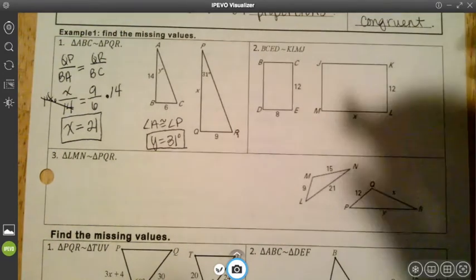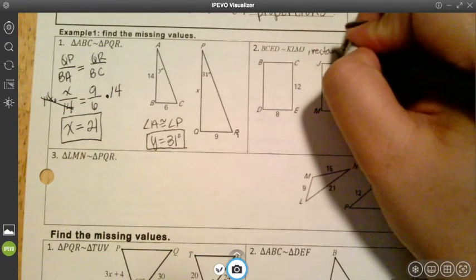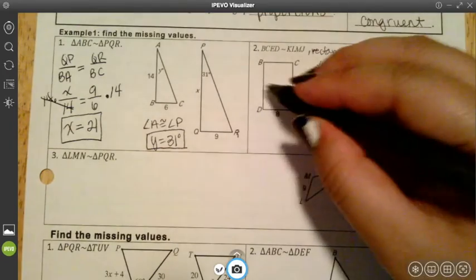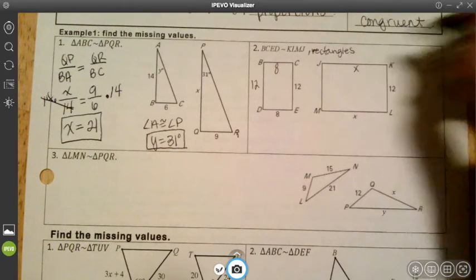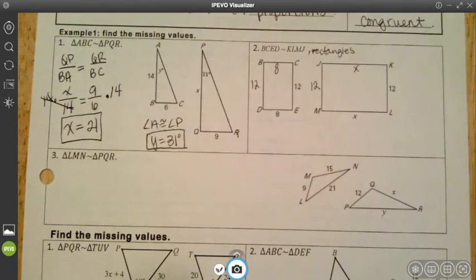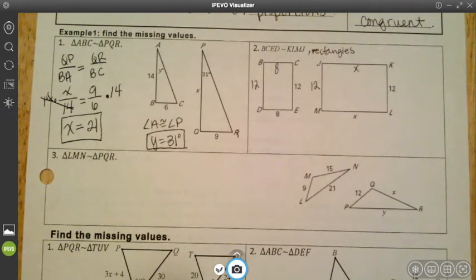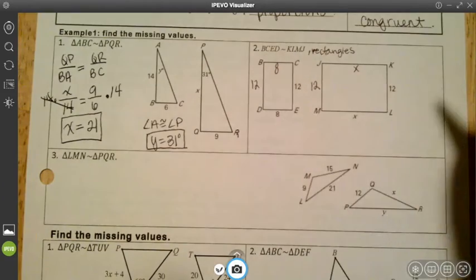In our next example, we have two rectangles. I'm telling you that these are rectangles. And what we know then is that opposite sides are congruent. So this is 12, this is 8, this is X, and this is 12. Okay, so remember the last example that we had with rectangles. This time we know that they're similar, so we're going to compare small side to larger side.